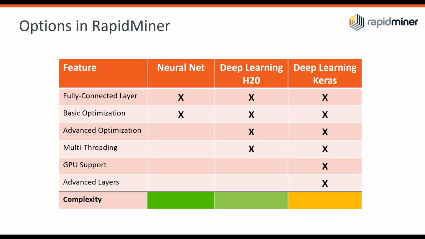So it's always a good idea to start with just a basic neural network and then play around with that. And then if you feel comfortable, you can try to use the deep learning from H2O. And maybe your data set isn't that big as you thought, and it can already be handled great by your machine with multiple threads.